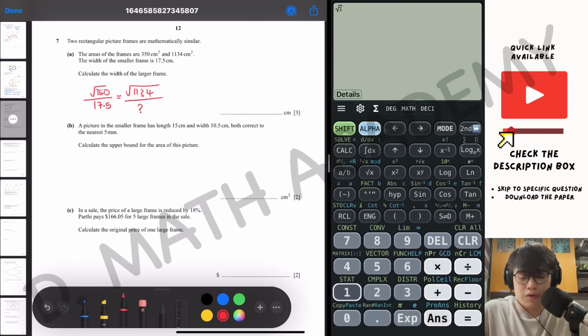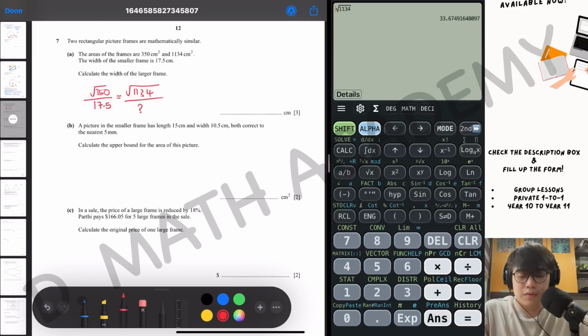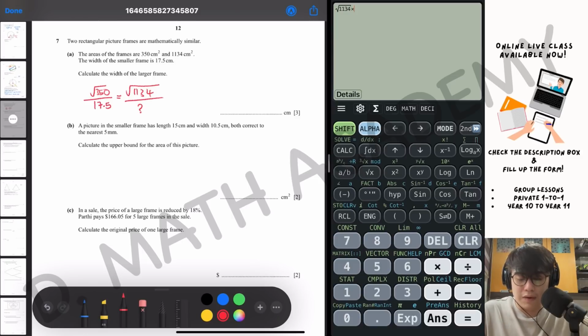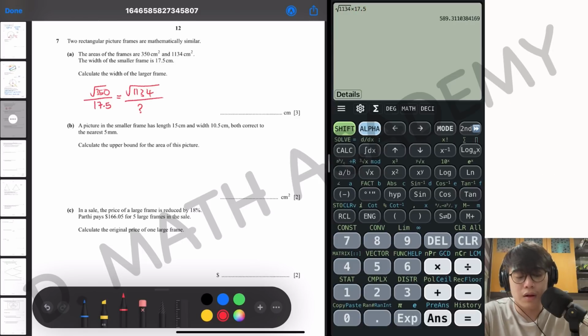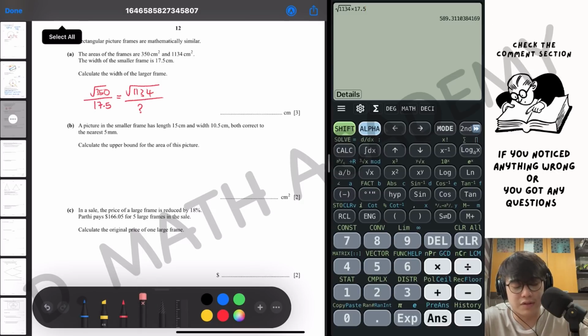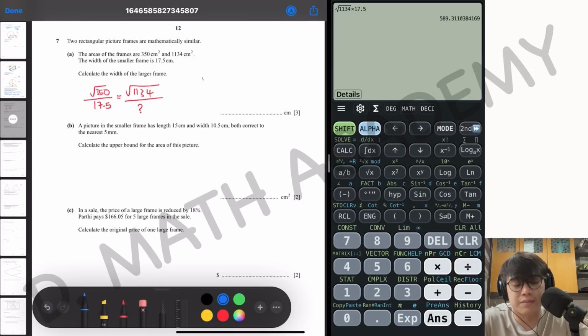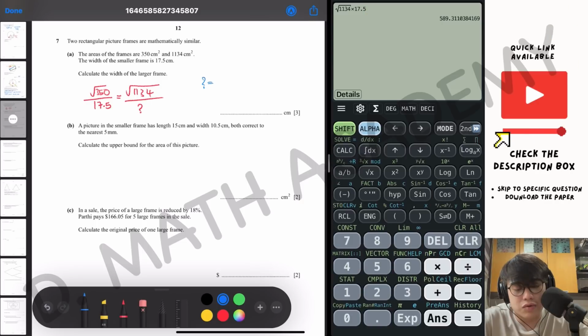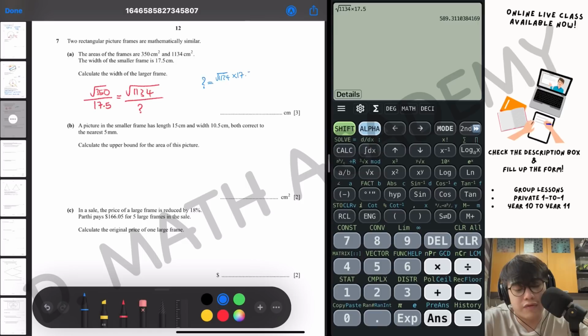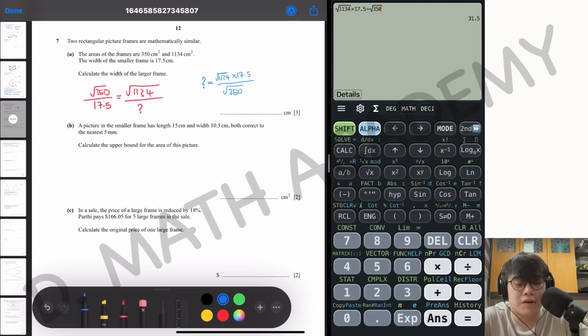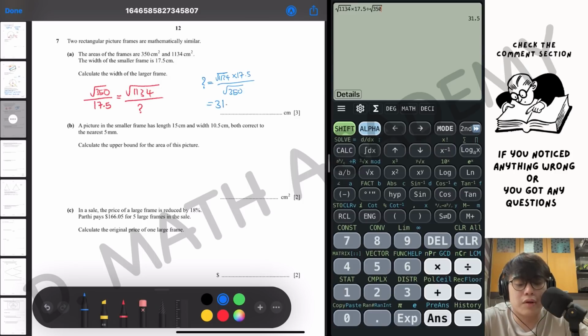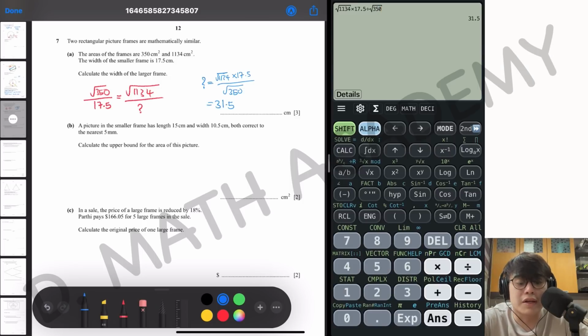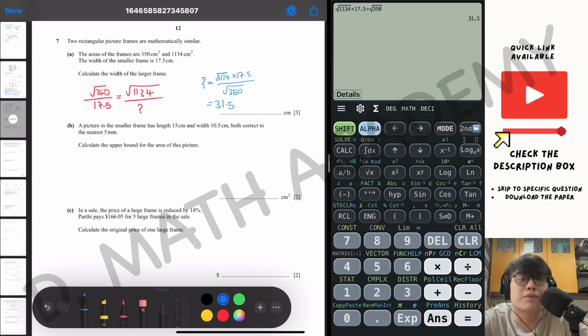So 1134 multiplied with 17.5, and then to find your final answer, you have to divide it out. So square root of 1134 times 17.5, and then divide by 350. Your final answer for this will be 31.5. So this is your mathematically similar method. The one that I'm using here is the comparison way.